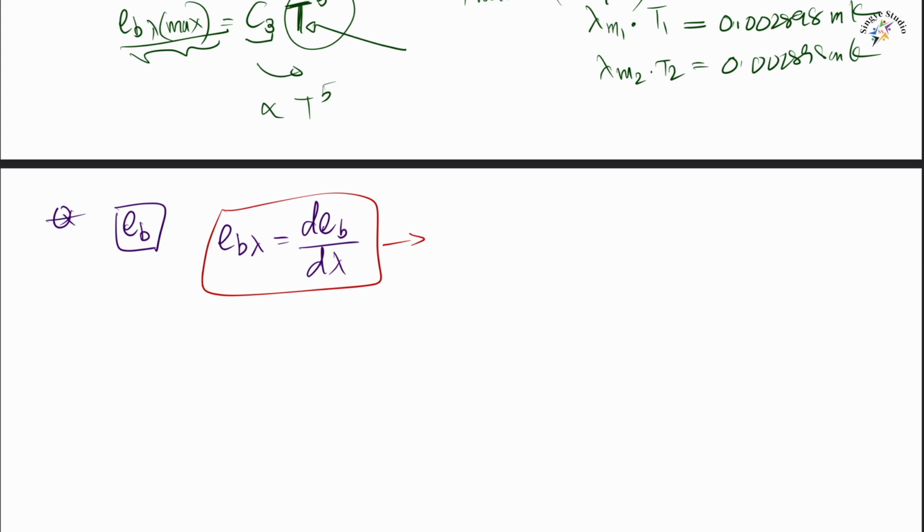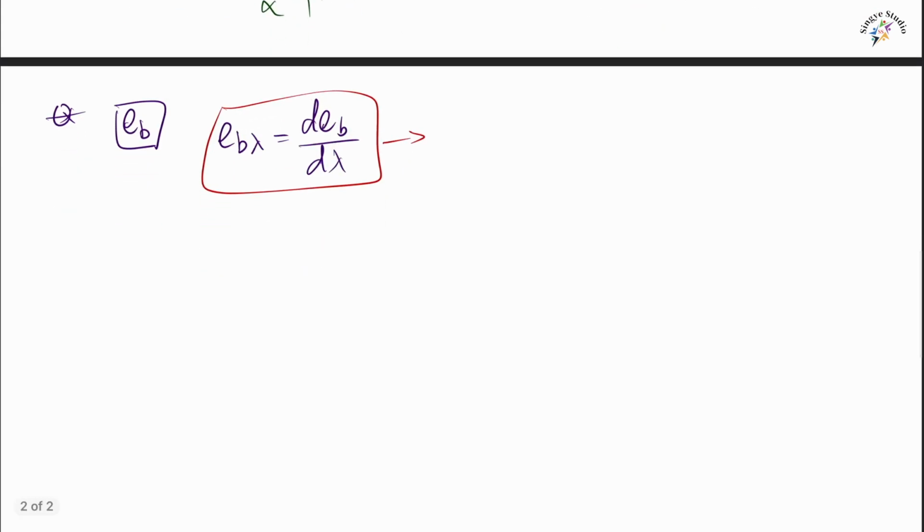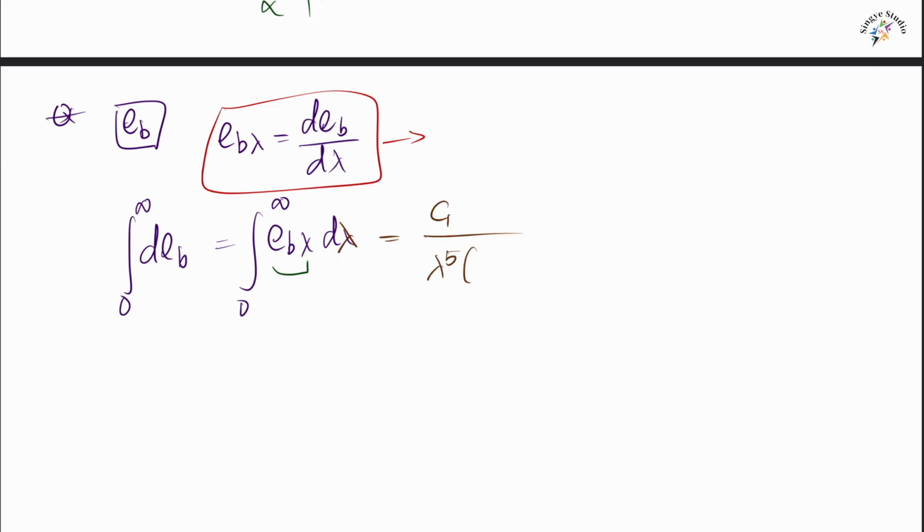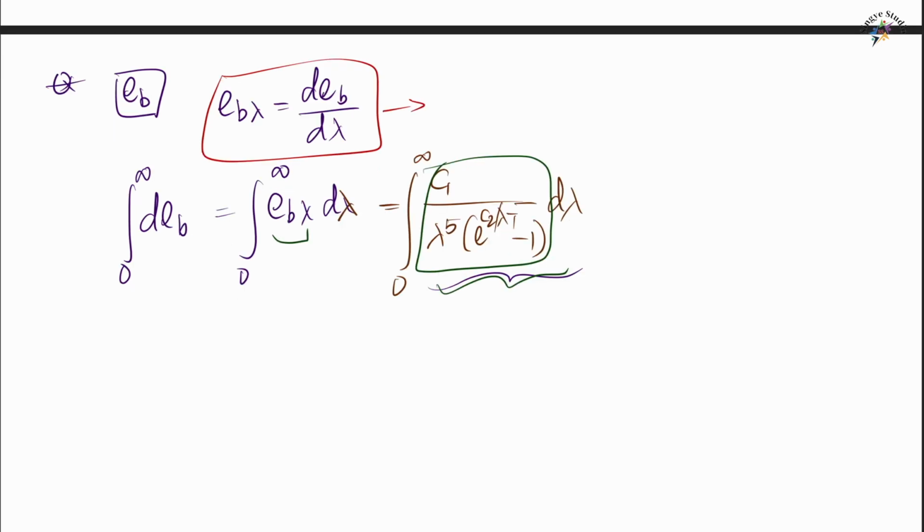So we are interested in finding E_b over the whole wavelength range, 0 to infinity, such that we have the integral of E_b lambda times d lambda from 0 to infinity. This expression is what we have from Planck's law: C1 upon lambda to the fifth, times e raised to C2 over lambda T minus 1, d lambda. Our job is to integrate this from 0 to infinity.